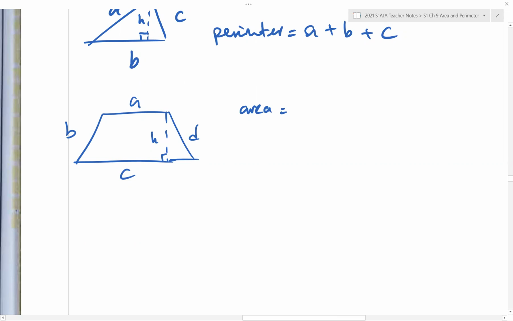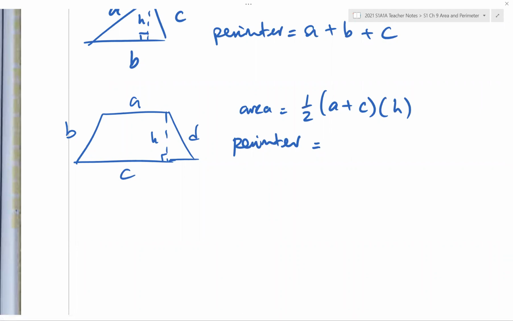So in this example, the area is half A plus C times H. What about the perimeter? Okay, Marilyn, your turn. What is the perimeter for this trapezium?